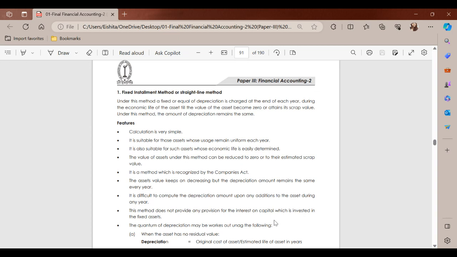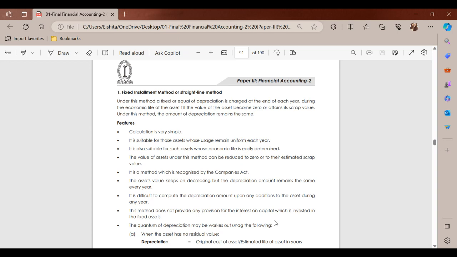The value of the asset under this method can be reduced to zero or to its estimated scrap value. So what you do is you reduce the value of the asset to zero or to the estimated scrap value.